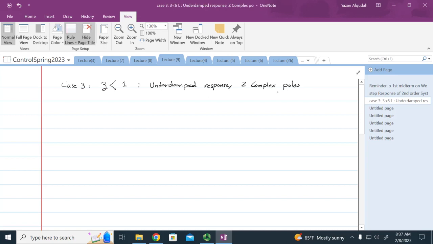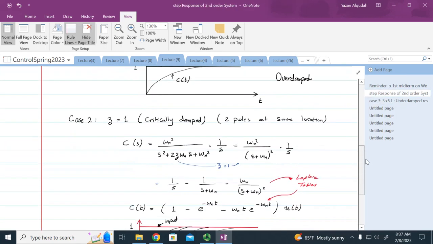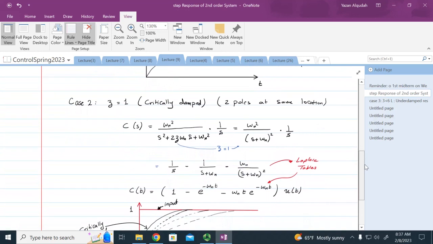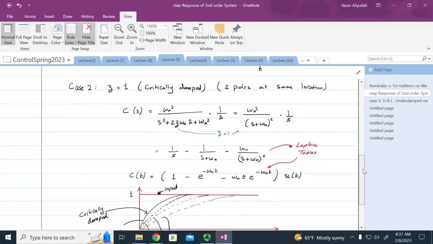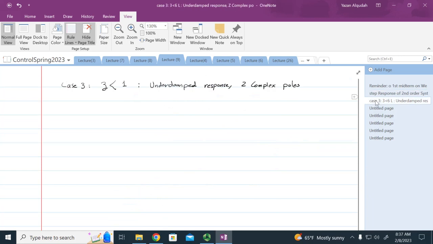Now, as we will see, this is the most interesting response of all the responses. All the responses that we've seen so far, if you were to describe them with one word, what is that word going to be? Boring. Excellent. The first order is boring. Second order, if it is overdamped or critically damped, boring. And that's why the most interesting is the underdamped response.